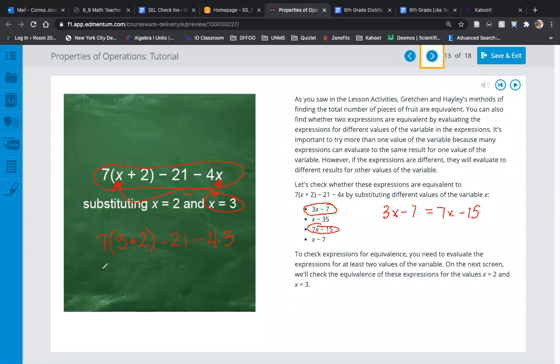So parentheses, this gives me 7 multiplied by 5 minus 21 minus 4 times 3. 7 times 5 is 35 minus 21 minus 4 times 3 is 12, right? Almost done. 35 minus 21 is going to give me 24 minus 12. So my final answer, all of that gave me 12.